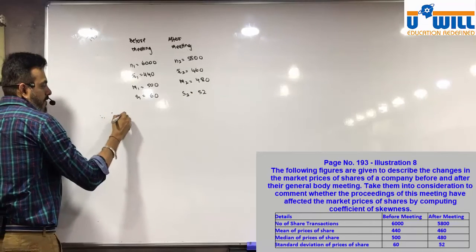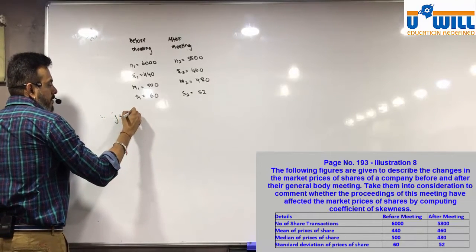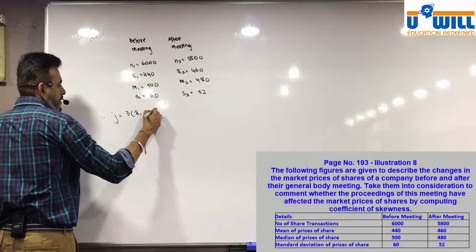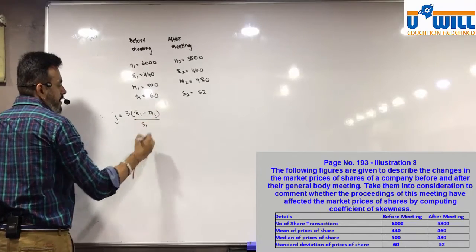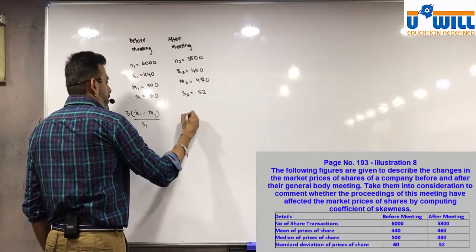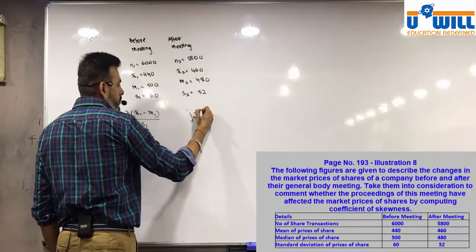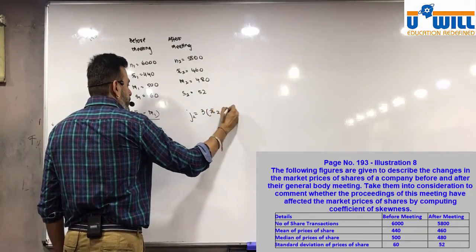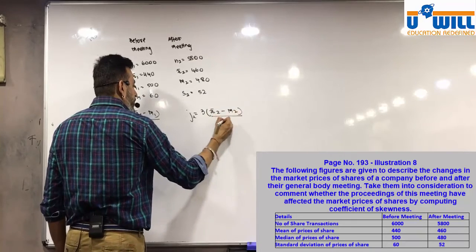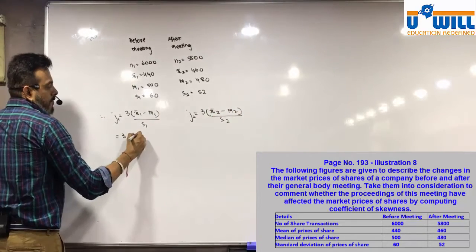Therefore, J1 is equal to 3x bar 1 minus m1 upon standard deviation 1. And over here, J2 is equal to 3 x bar 2 minus m2 upon standard deviation 2.